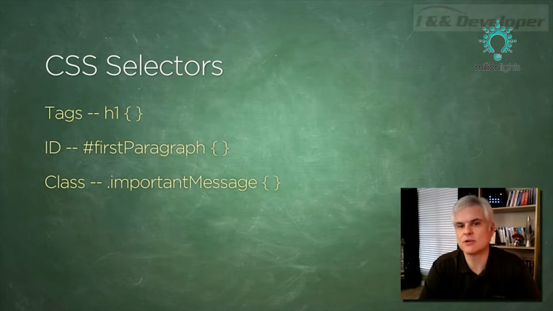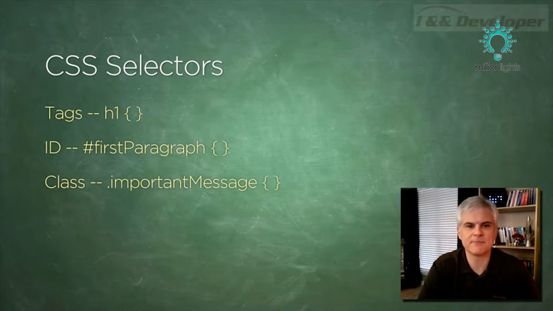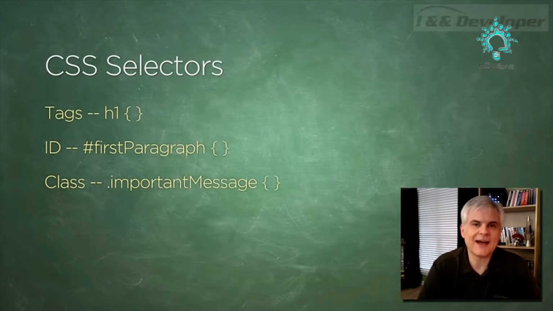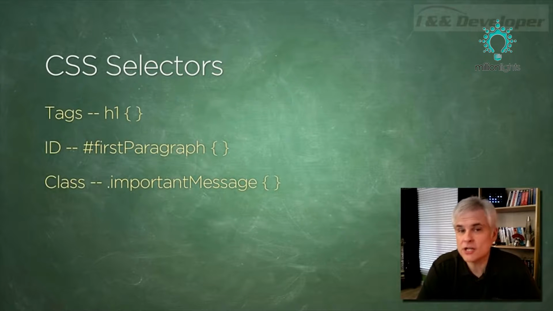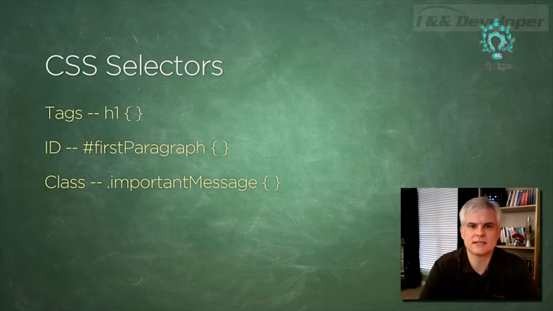But a better semantically correct class name might be important message, and then style the text to be red, using a red font. So now we can see the real value of using those global attributes of ID and class. They become hooks that we can use in CSS to style precisely what we want.